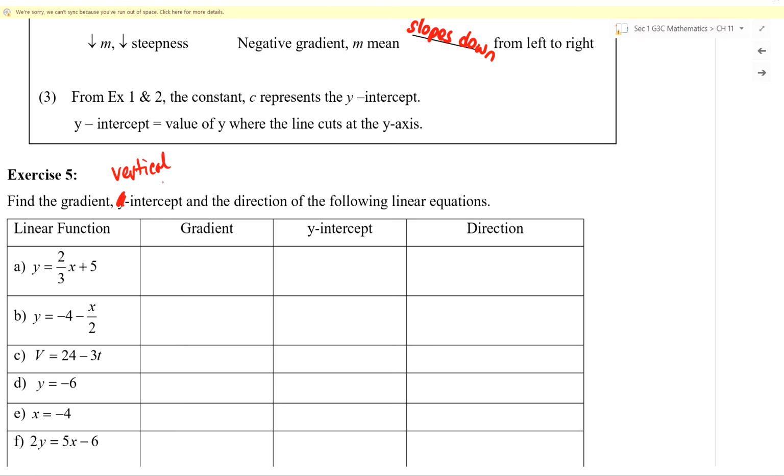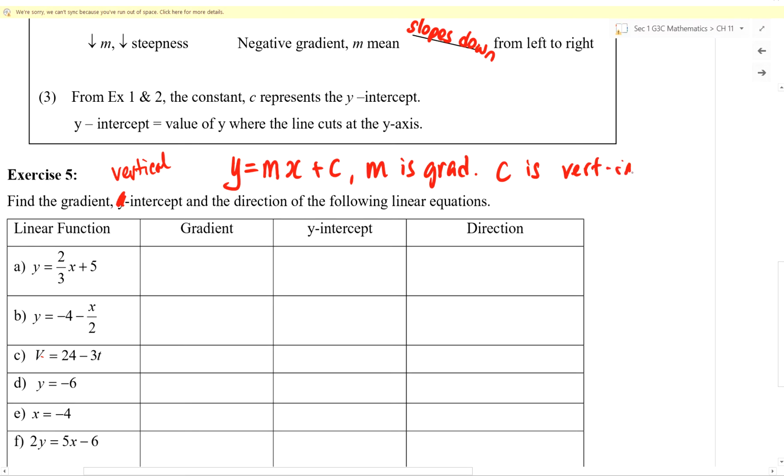As shown in question C, there is no y term over here. So vertical will encompass all of them. For convenience, I'll put it over here: y equals mx plus c, where m is gradient and c is vertical intercept.